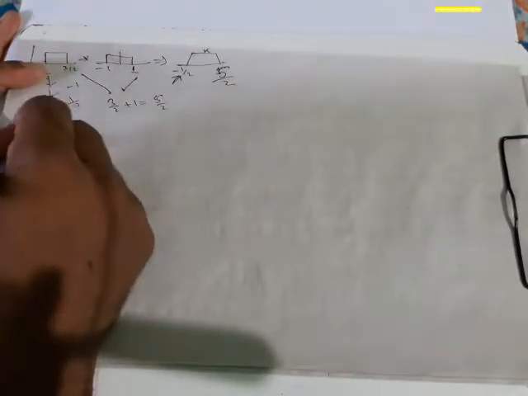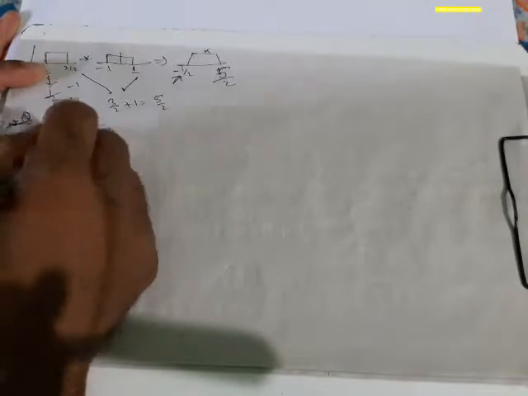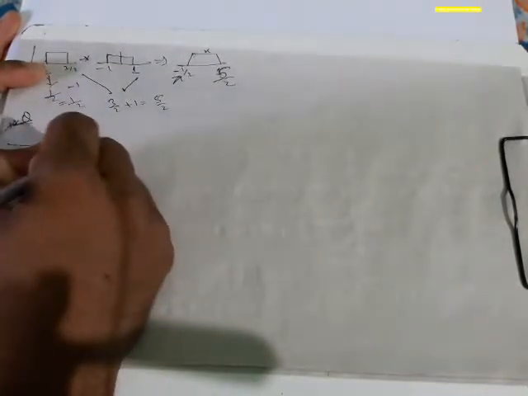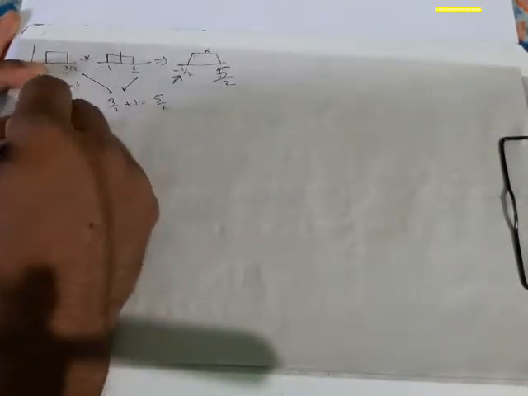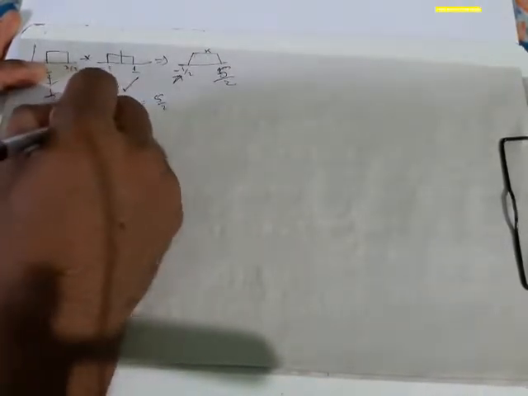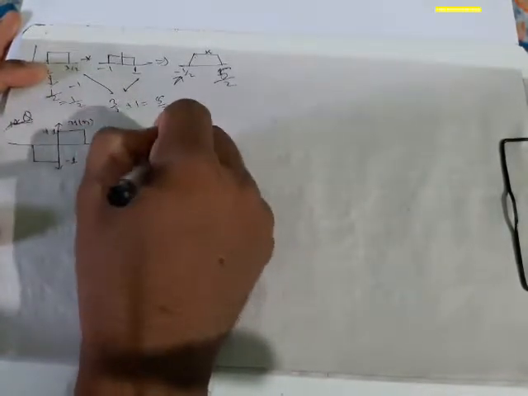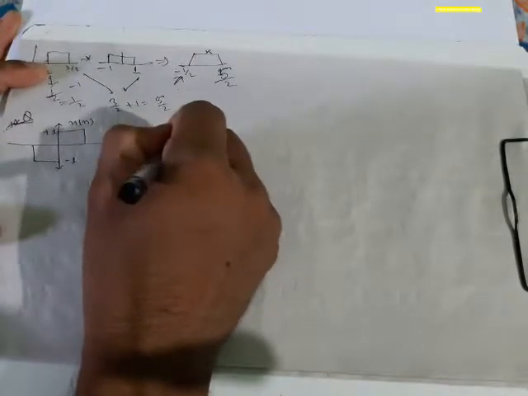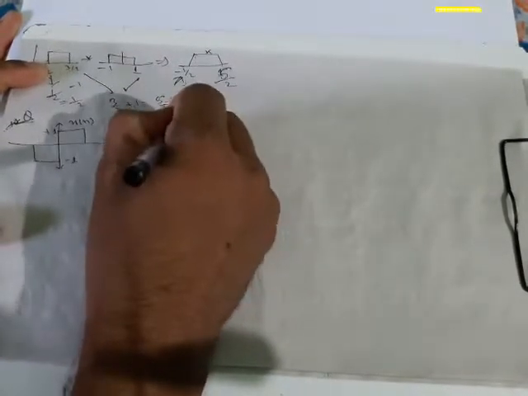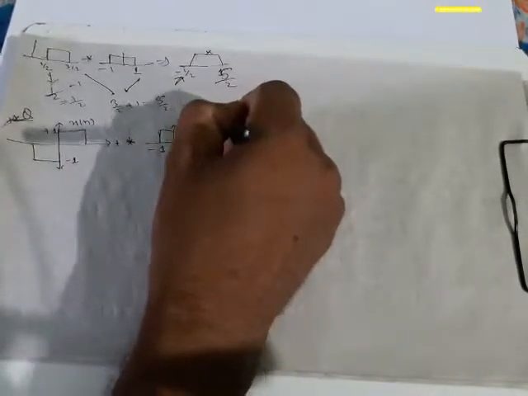Now again we take this signal. I have taken four terms: first convolution with this, second, third, fourth. Similarly for this one, we take minus u of t plus 1 and this one, so plus u of t plus 1 convolution with u of t minus 1, and this term minus 2 u of t convolution with u of t minus 1.